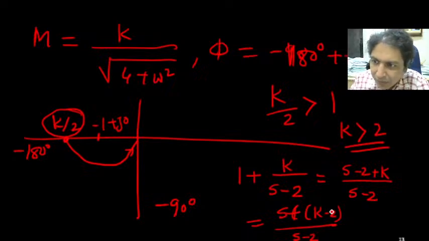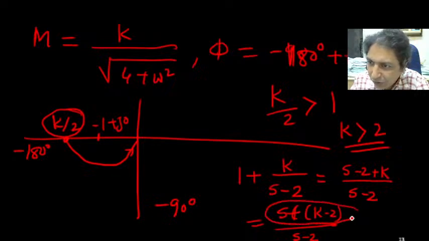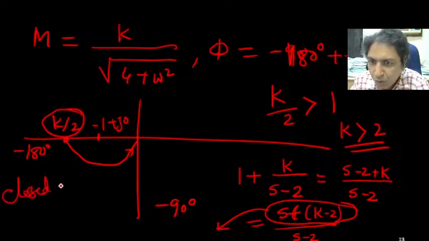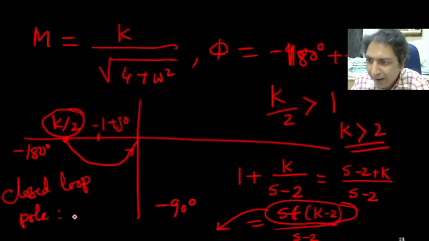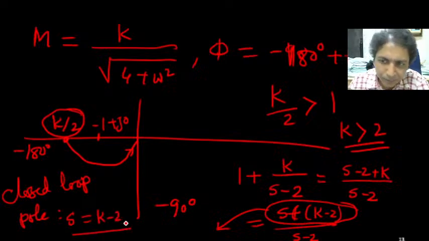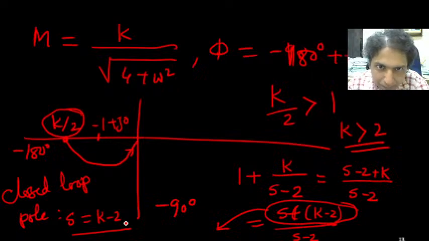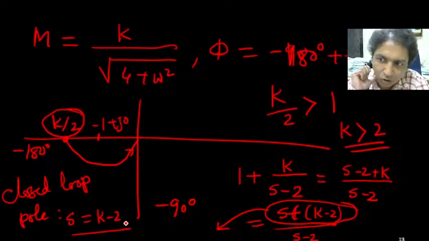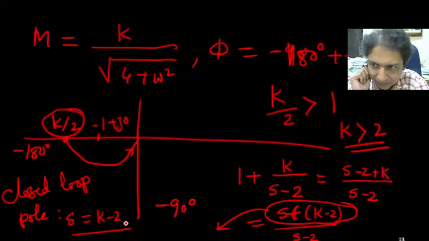Now you can see the modified zeros, or closed loop poles. The closed loop pole will be at s equals to minus k minus 2. Am I correct? Is it clear to all of you? Now I am finding the closed loop pole for that system only.